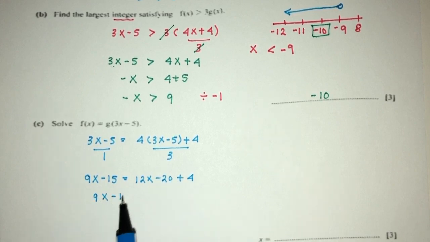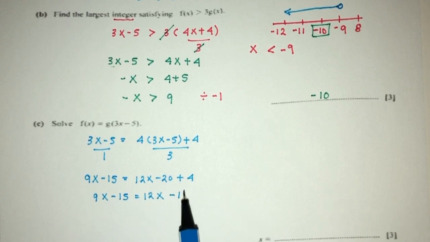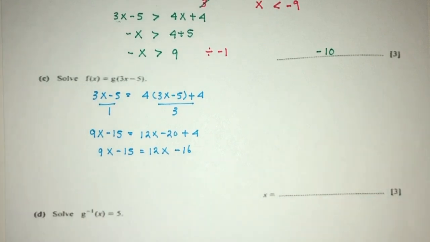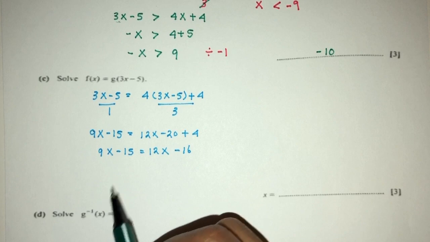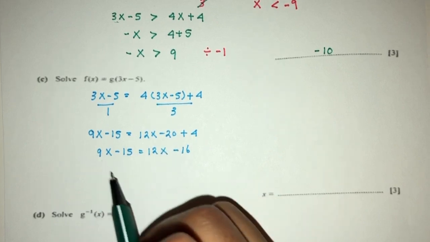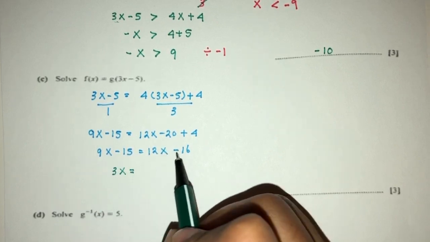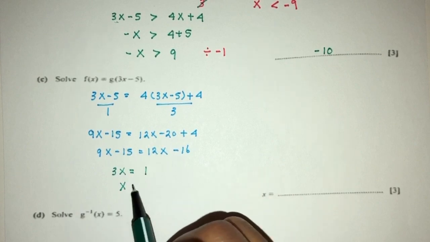So 9x minus 15 is equal to 12x minus 16. Now we can definitely send the values of x to one side. Let's send this over here. So 12x minus 9x will be 3x. Sending this over here will become 1. So x will be 1 over 3.